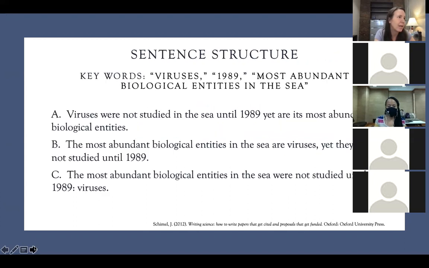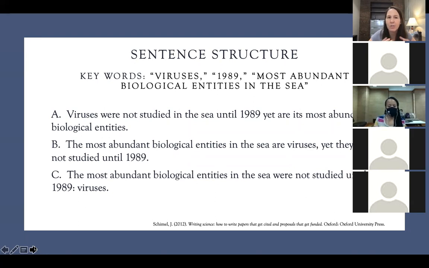So let's just take a look at how this works. If I have some keywords here, viruses, 1989, most abundant biological entities in the sea, just putting them into the sentence obviously doesn't create meaning. And if we combine them different ways, we end up really creating different messages.